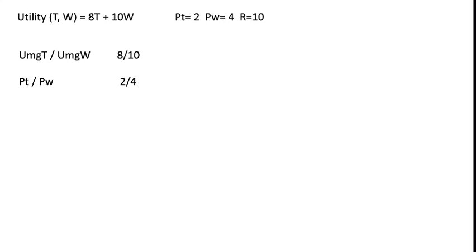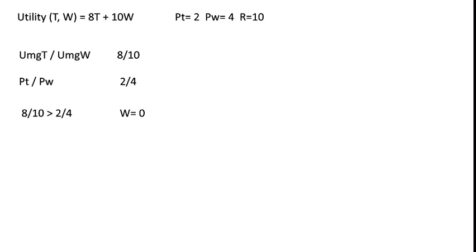Now we also need to compare the marginal utility ratio with the price ratio. In this case, the marginal utility ratio is greater than the price ratio. So, 8 divided by 10 is greater than 2 divided by 4. Furthermore, W equals 0.